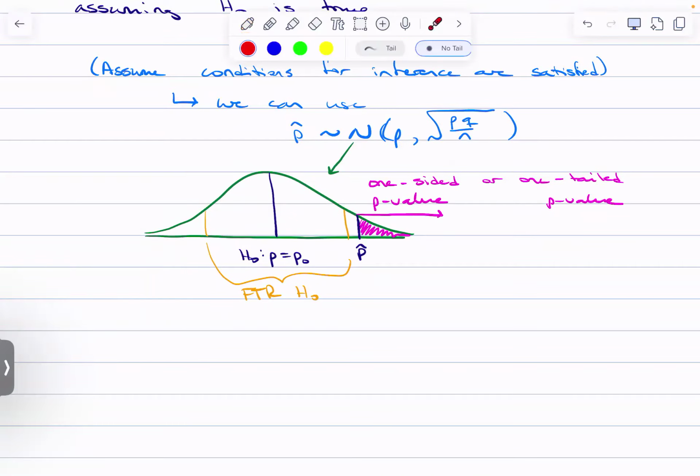There's some wiggle room: if I find my p hats are somewhere in this range, that's okay. That's basically the same as p being p naught, because I know my samples move around.